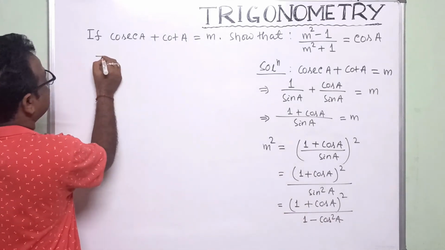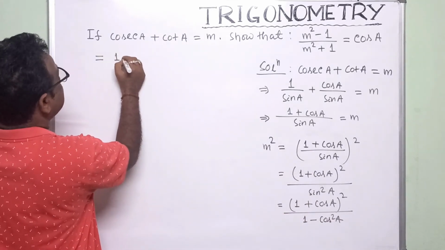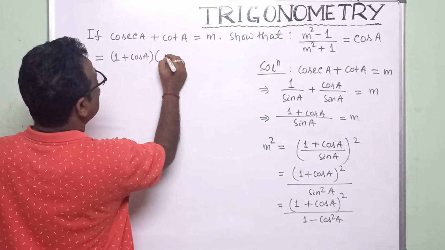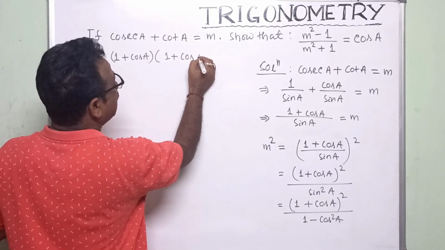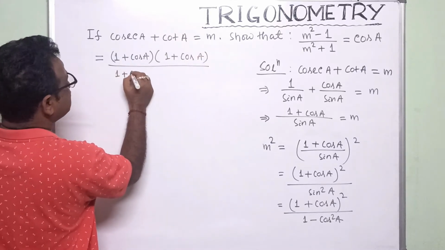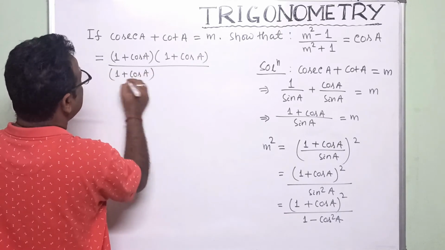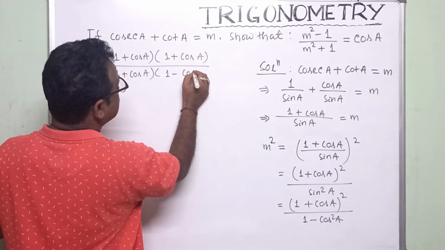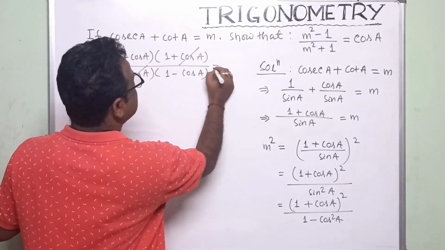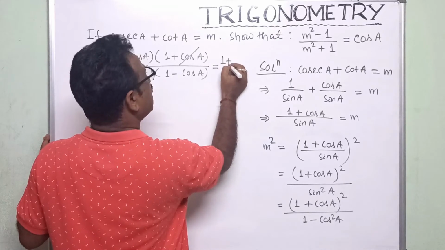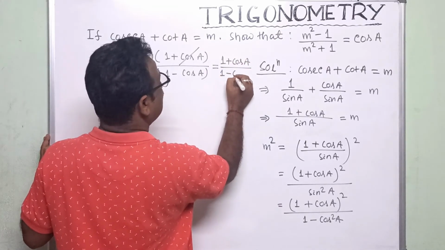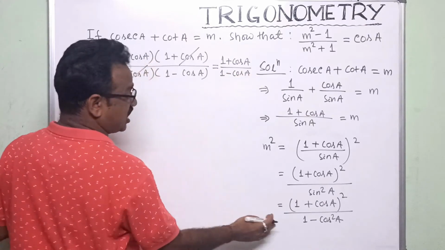Okay, that is equal to your how much? 1 plus cos A into 1 plus cos A whole divided by 1 plus cos A into 1 minus cos A. So 1 plus cos A cancelled, is equal to your 1 plus cos A by 1 minus cos A. This is your m square.